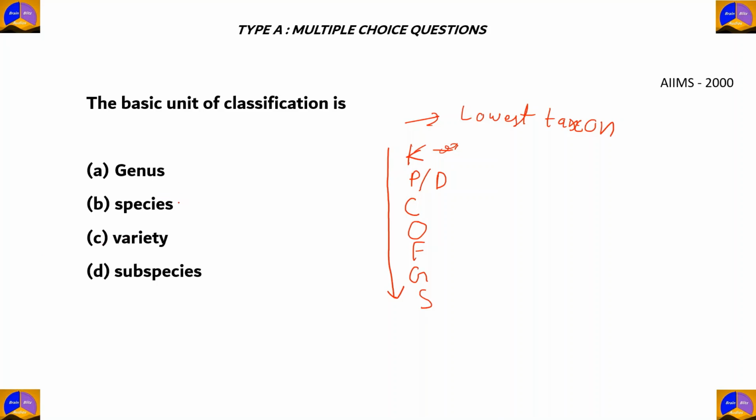Therefore, species is the right answer. Genus, variety, and subspecies are the wrong answer because genus is above species, variety and subspecies are not present in the basic 7 taxons of the taxonomical hierarchy. So they're not considered. Therefore, B is the right answer. Did you get it right?